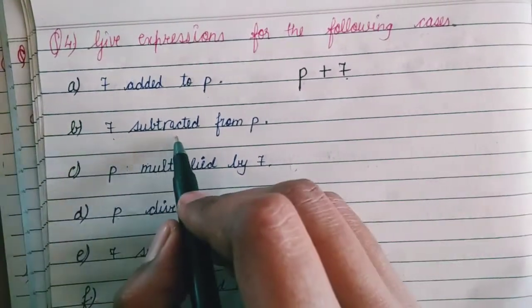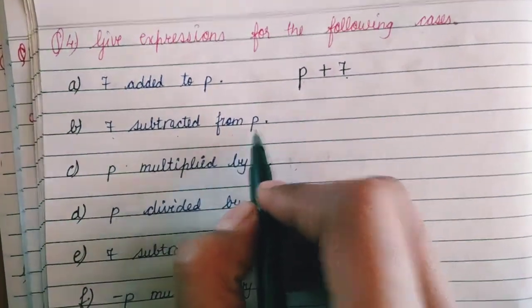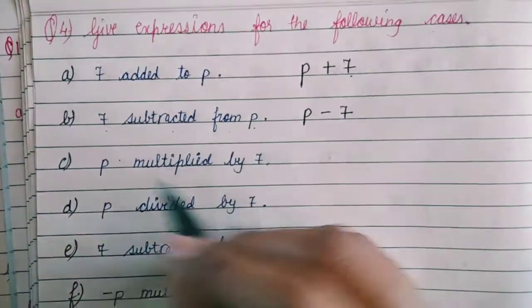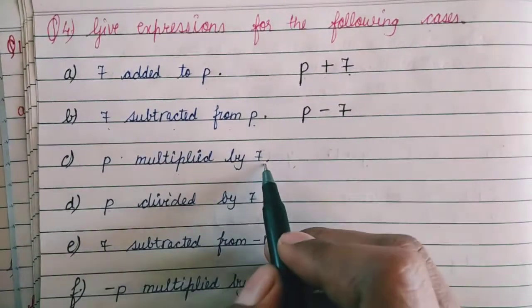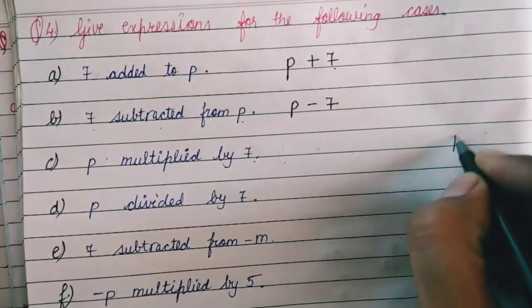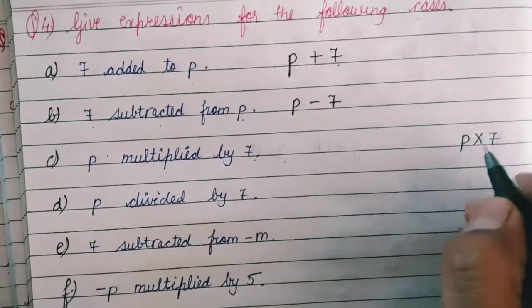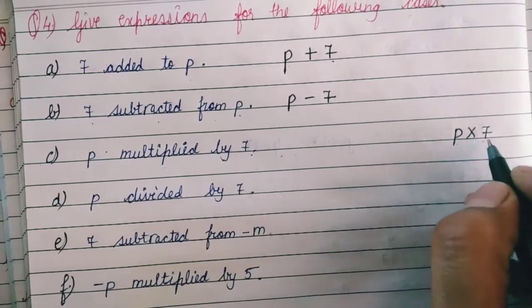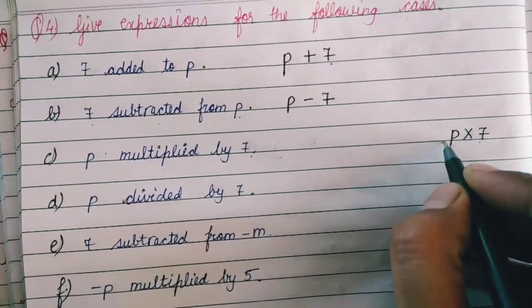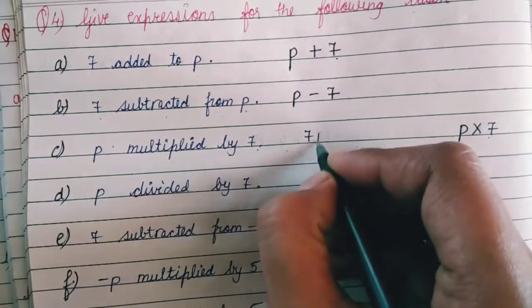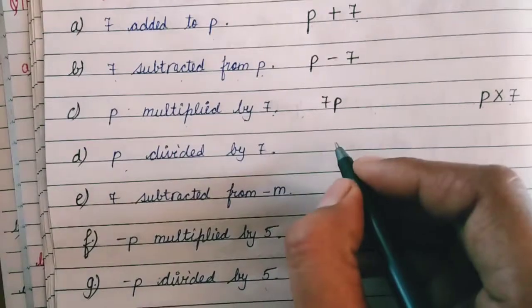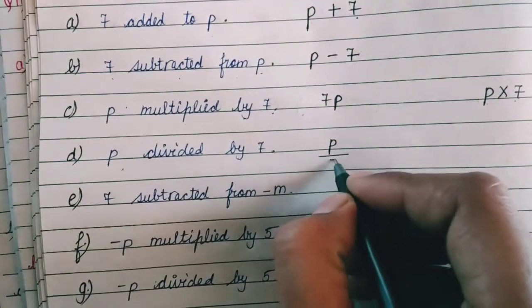Then 7 subtracted from P. So from P, 7 is subtracted. Then P is multiplied by 7. It can be written P into 7, but always the coefficient comes before the variable. So here 7 into P. Then P is divided by 7. So its answer is P divided by 7.